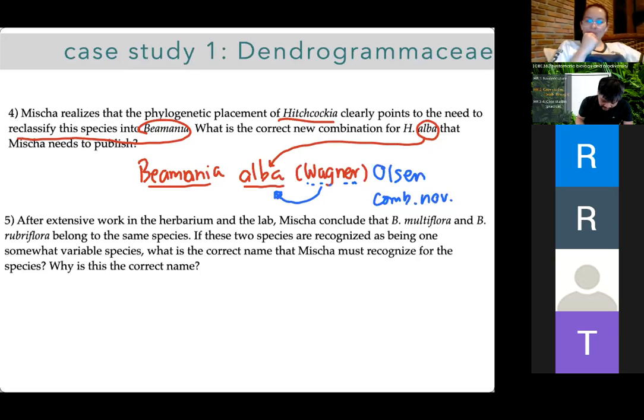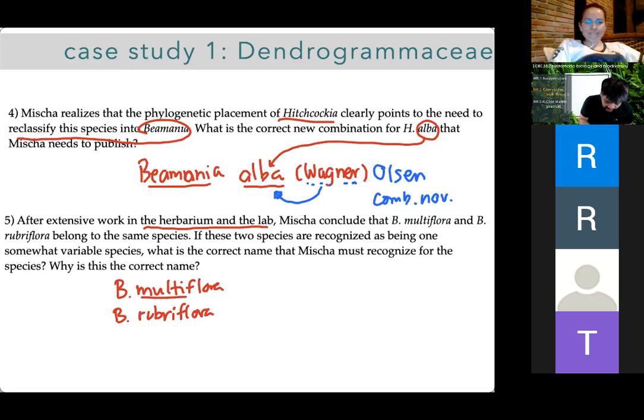So okay, and then Misha did another thing, being a good student. She did a lot of herbarium and lab work. She figured out that multiflora and rubiflora are actually the same thing.